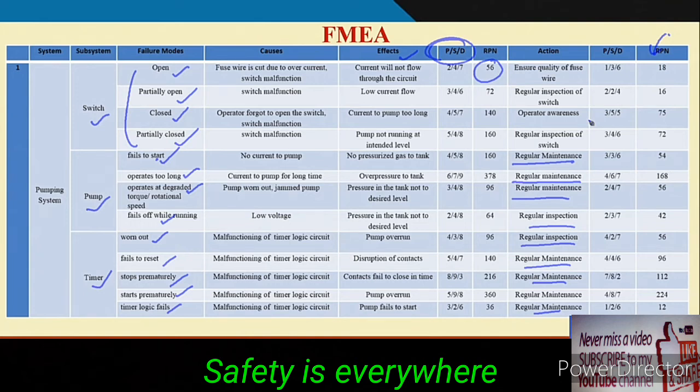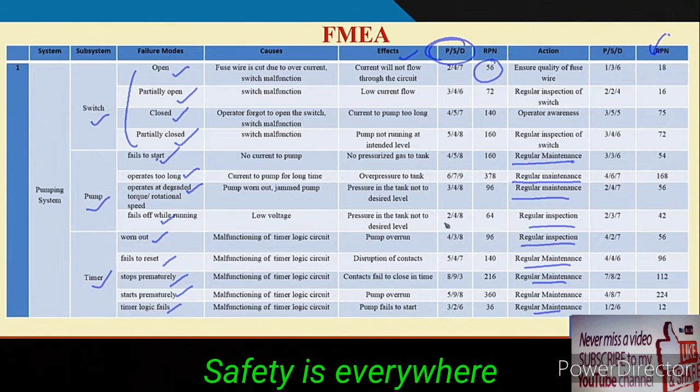So then you revamp all those things to the level possible, so that the effect will be more. And then what will happen? The PSD, either P or S or D, or all in combination, will be reduced.